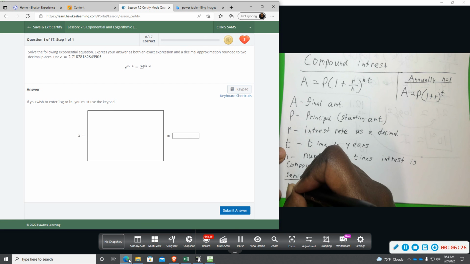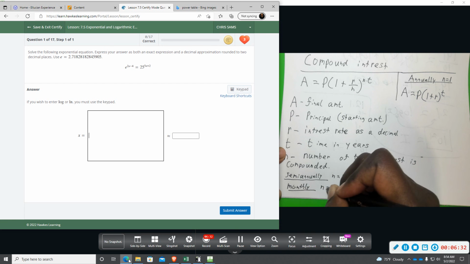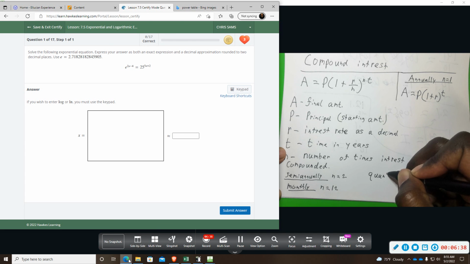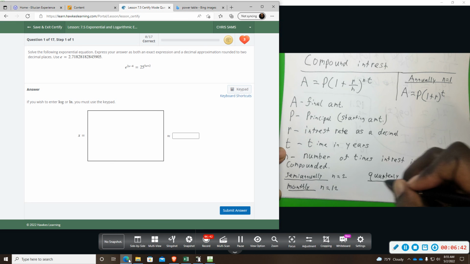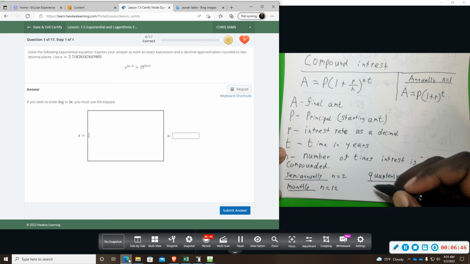You might see monthly. That gives you N equals 12. You could see quarterly, N equals 4. And then so on.